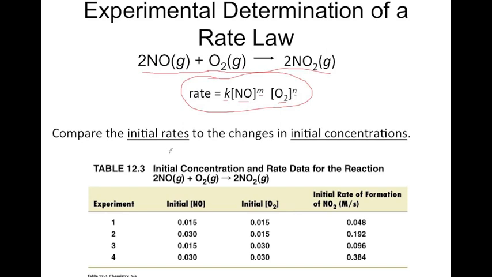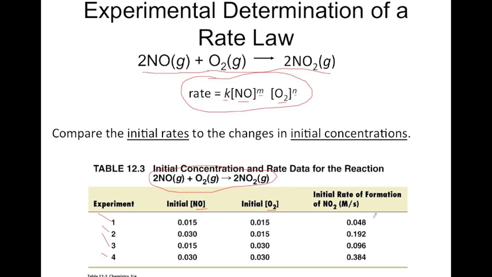So what we have here is some experimental data. We conducted 1, 2, 3, 4 experiments. So we performed this particular reaction 4 times, and we changed the initial concentrations of our NO or our O2.